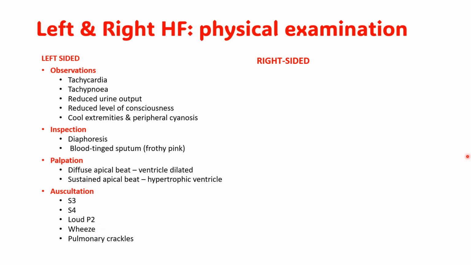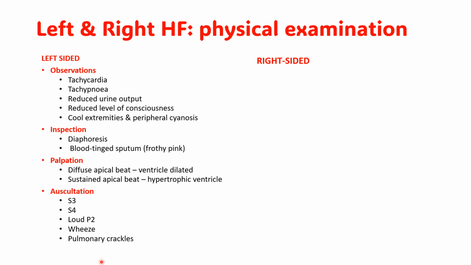An S3 is turbulent flow into a dilated, compliant ventricle. This can be normal in pregnancy, athletes, or sometimes people under the age of 40. When you have an S4, the atria contract into a stiff, non-compliant ventricle in late diastole.